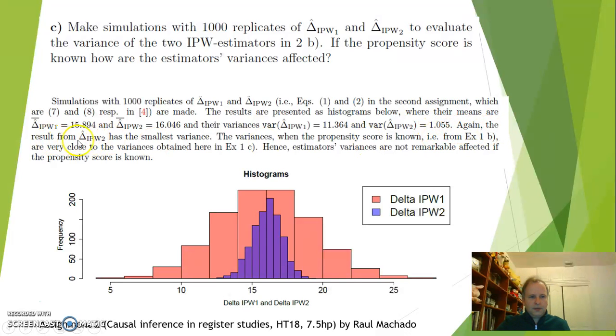Again, the result from the second estimator has the smallest variance. Hence, the variances when the propensity score is known, like the one from equation 1b, are close to the variance obtained here in equation 1c. Hence, the estimators' variances are not remarkably affected if the propensity score is known.